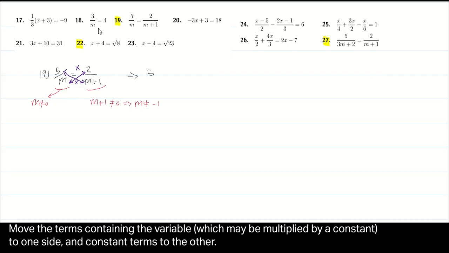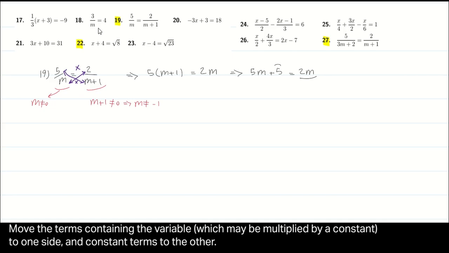So we have 5 times m plus 1, which is equal to 2 times m. Now we expand the bracket on the left hand side, which would be equal to 5m plus 5 is equal to 2m. Now I'm just going to move the variable 2m in here to the left hand side.